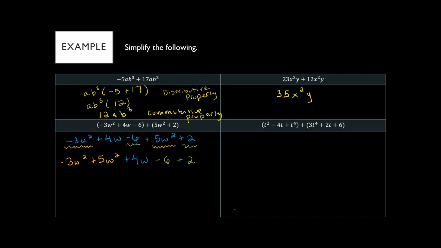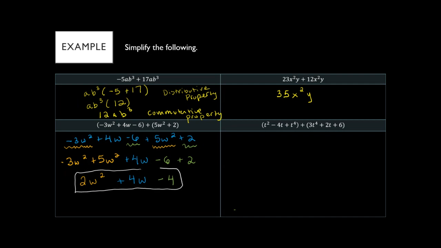If we go left to right, I've got a negative 3w squared plus 5w squared. So you do negative 3 plus 5, just 2, and that gives us 2w squared. Then I have my plus 4w, and there's nothing else to add that to. And then I've got my minus 6 plus 2, so when you do a negative 6 plus 2, that gives you minus 4. And this is our final answer.